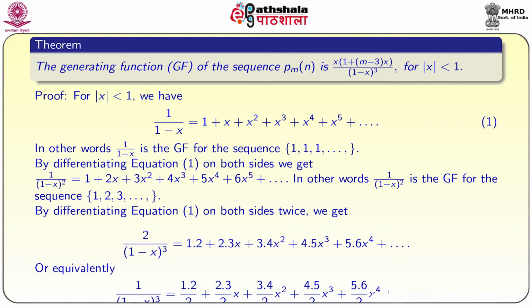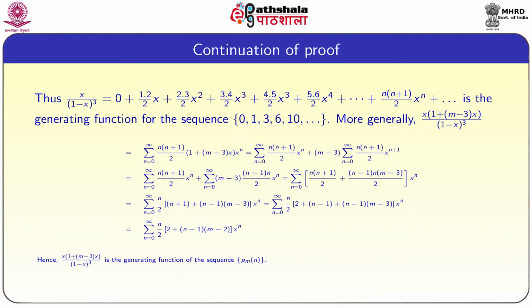Here, if you look at what we are getting, it is n into n plus 1 by 2, but the only problem is the x power 4 coefficient is 5 into 6 by 2. It is not 4 into 4 plus 1 by 2. So we need to do a little modification here.